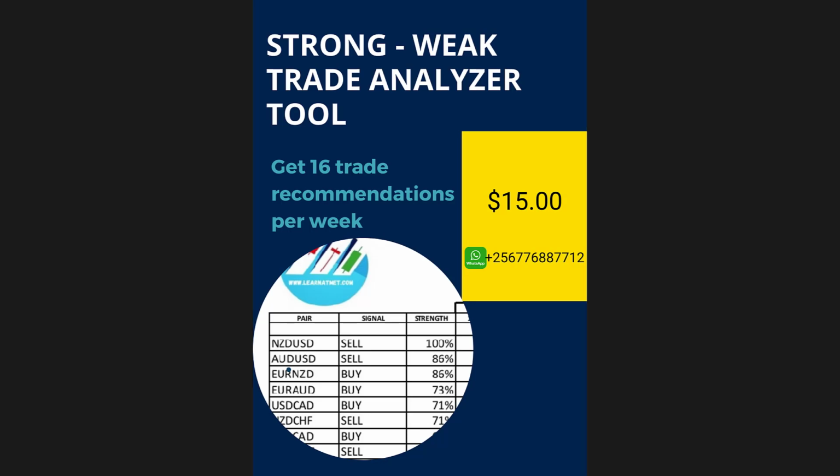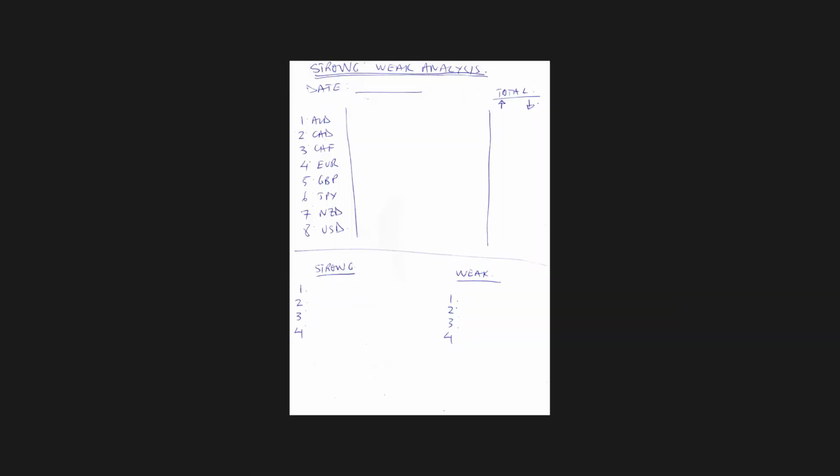Let's begin. For those of you who are not here, I am dropping in the chat a template of what you could do manually to follow through with us as we go along in this process. So what happens, we're going to look at 8 major currencies, matching them with each other to get 28 currency pairs. We're going to plot a 200 simple moving average on our charts, and we're going to analyze the strength of each currency pair.